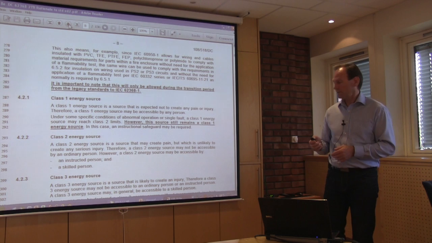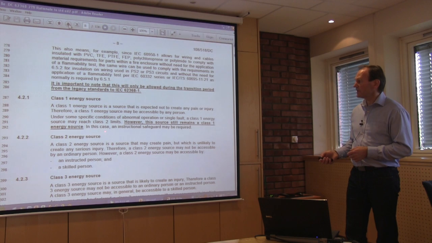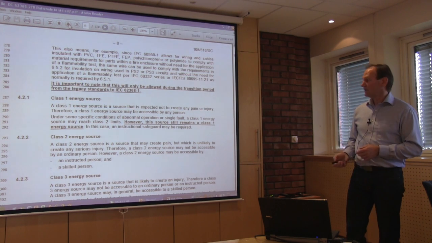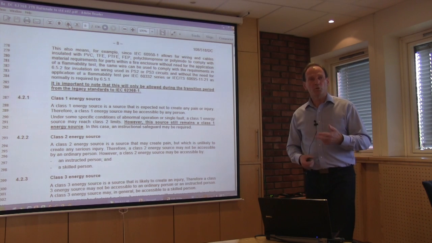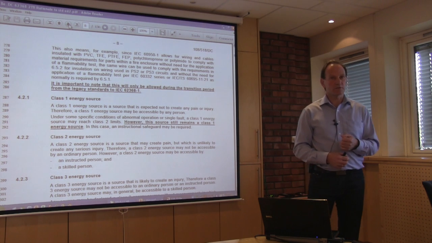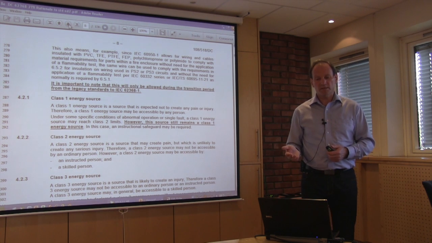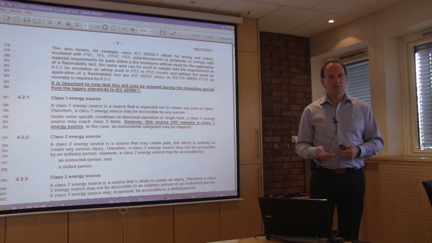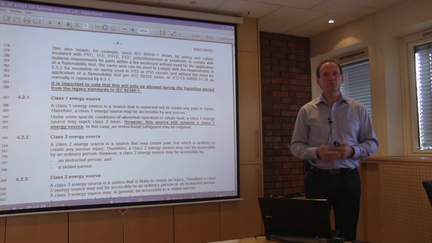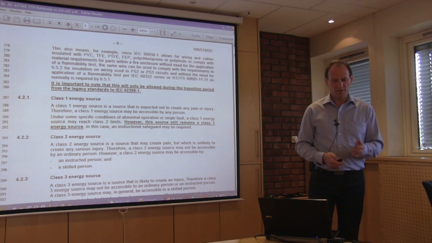For example, here it talks about energy class 1 energy source and gives some explanation and background. Not all clauses have a rationale, but many clauses do. And when a new proposal is taken into the hazard-based standard, the proposer also has to give a rationale for it to be put into this document.